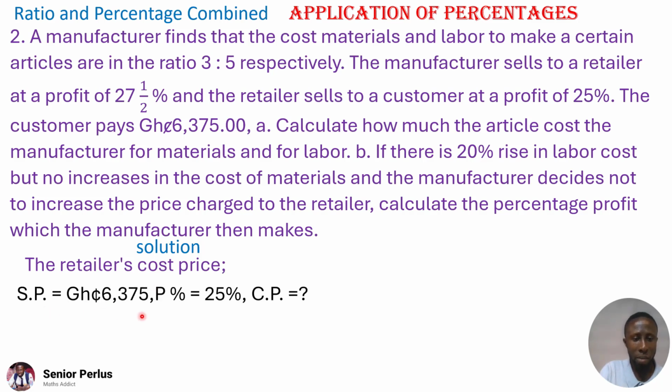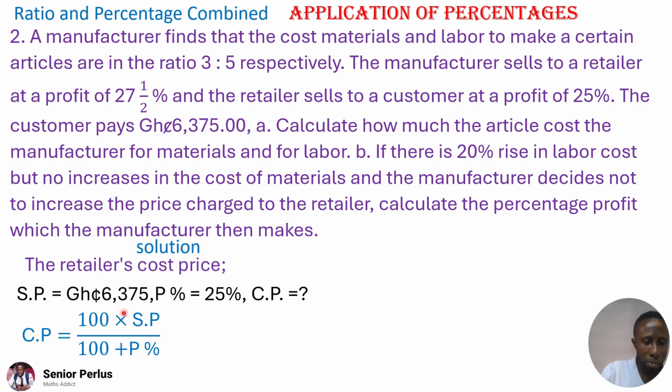So we now know the selling price and the profit percent. You have to find the cost price of the retailer. And earlier, I proved to you that for the profit percent, we have so many formulas. So we know for the cost price, which I did earlier under profit and loss, this is the formula. Good.